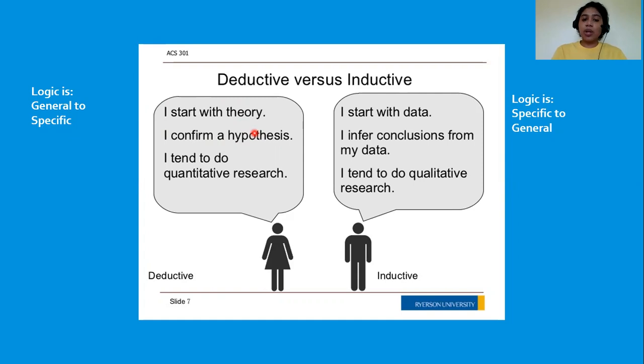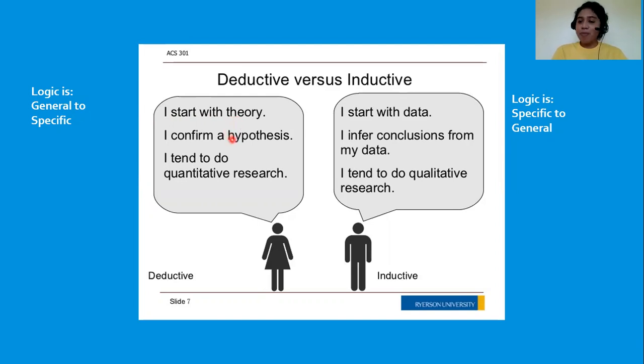When we say that we're applying deductive reasoning, we might think of a general idea, such as all trees have leaves. If all trees have leaves, that's our theory, then the cedar tree in my yard or the mango tree in your yard must also have leaves.